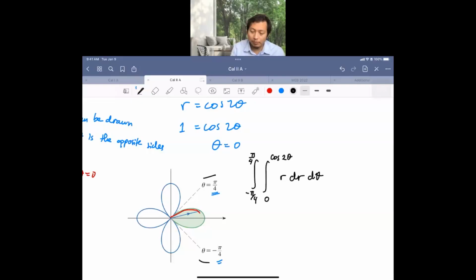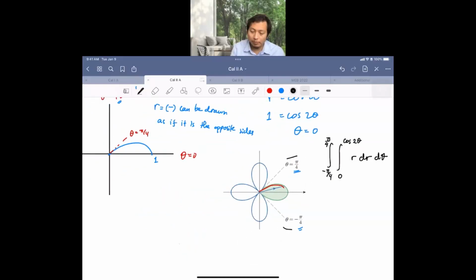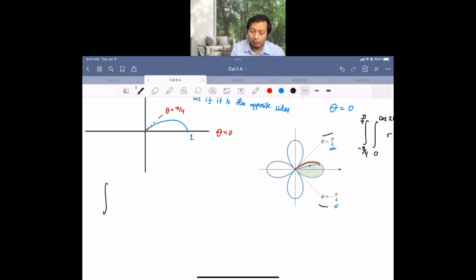So this is, I believe, also similar to what we had in the previous one. If we have constants, we could say this is alpha, beta, and this is 0 to some function of theta, r dr d theta.